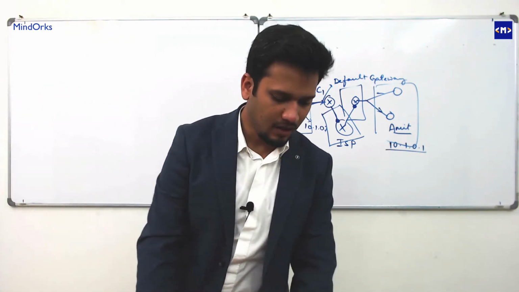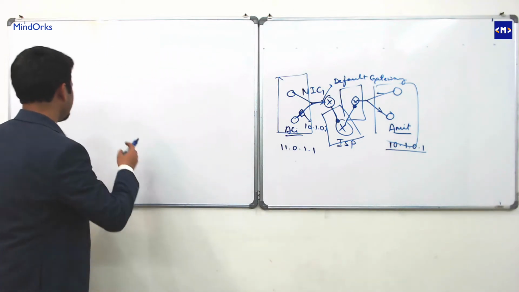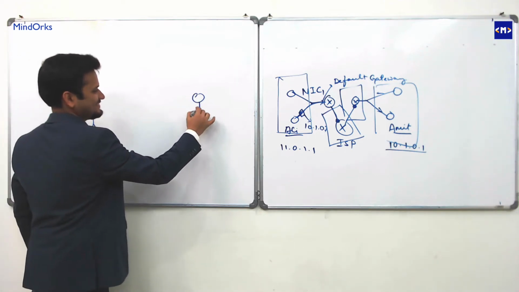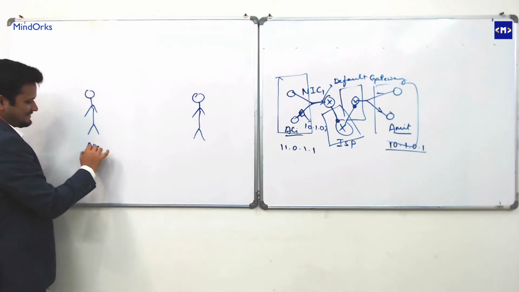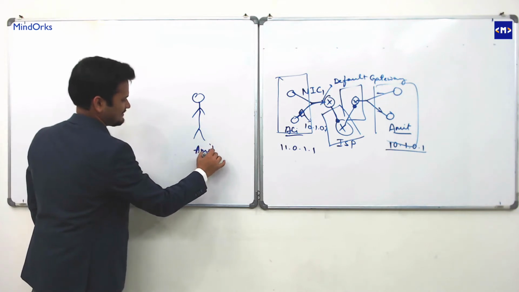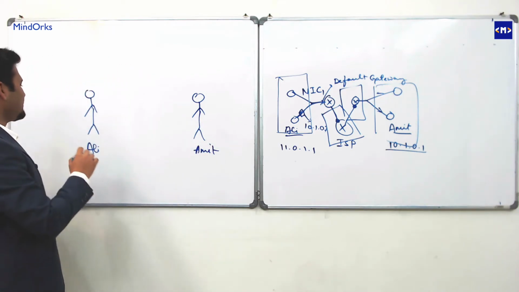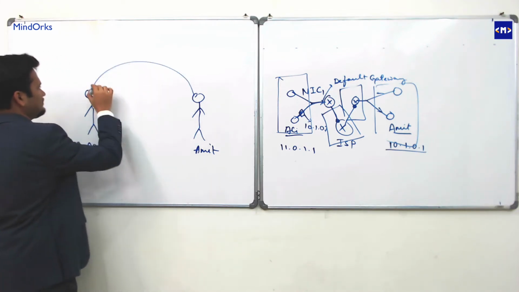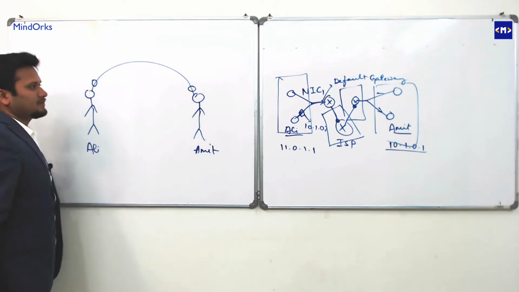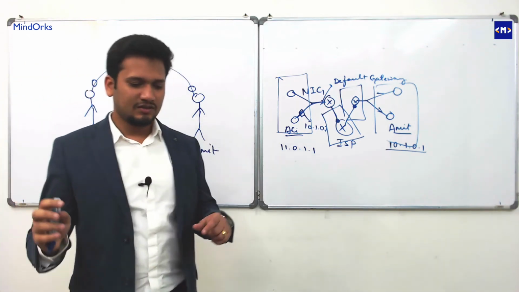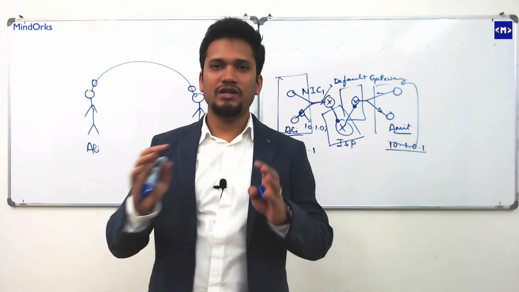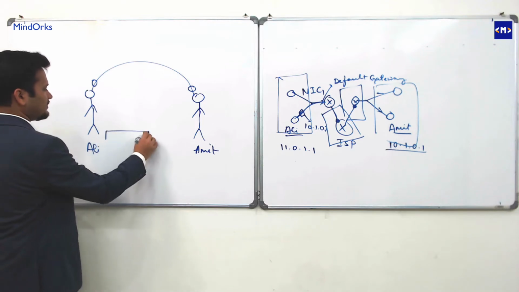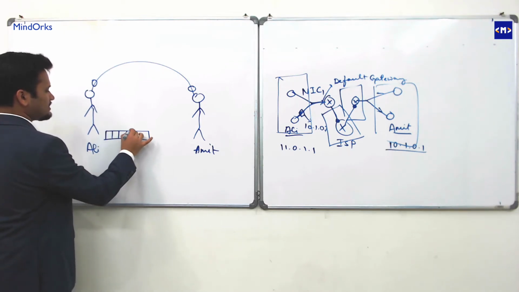Suppose this is me, and this is Amit again. Now I need to send a message to Amit. If I write a message, that message will not be sent in one chunk. The message will be broken into various parts.